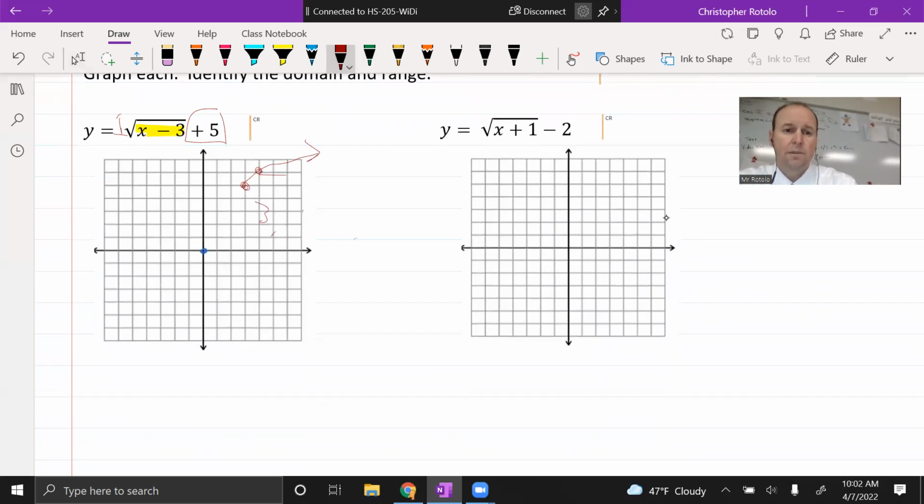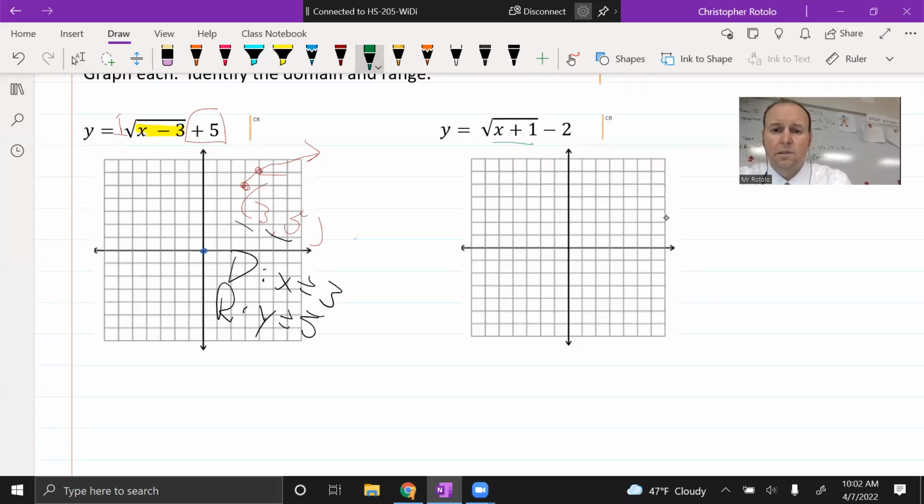This is 3, 5, the ordered pair. That might be helpful as we talk about domain and range, right? So my domain, x is greater than or equal to 3. My range, y is also going up, so greater than or equal to 5. So that's why I wanted to write out the ordered pair, just because it makes it a little bit easier to see.